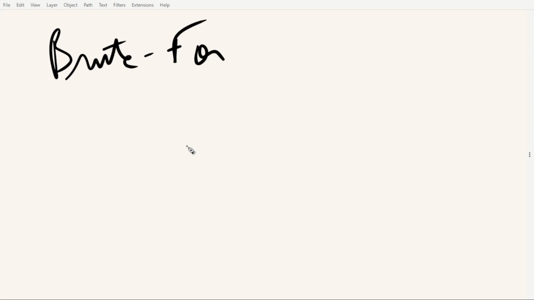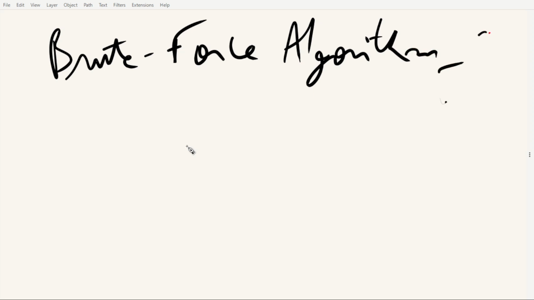So first we analyze the brute force algorithm for TSP.